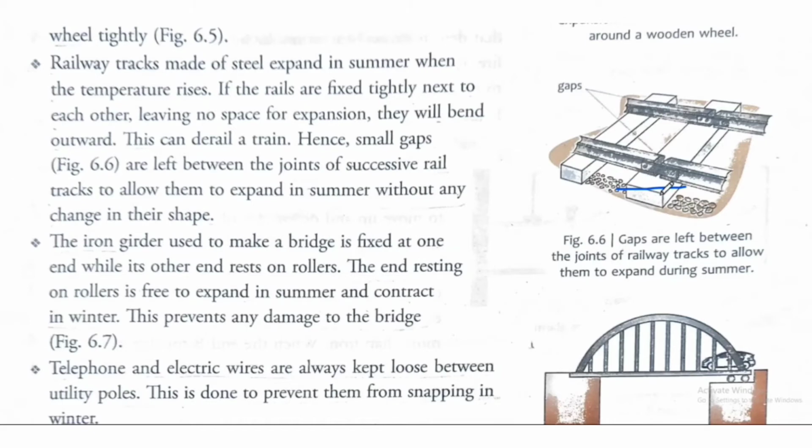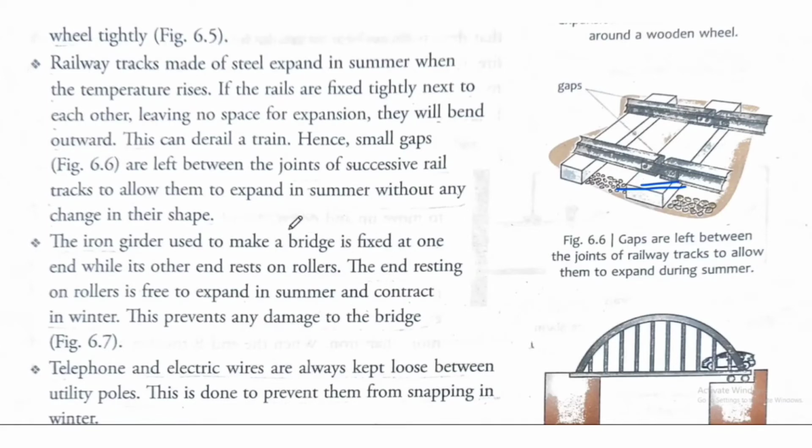Because in summer season, when the rails increase in size due to the heat of the sun, the rails can use this free space to readjust their increased size. Otherwise, the rails will bend outward, which may cause a great accident. For this reason, gaps are given between the successive rails to absorb the effect of expansion in summer season.